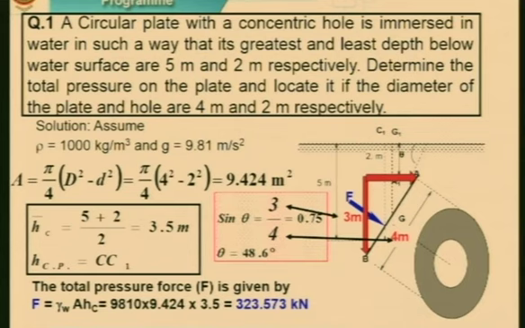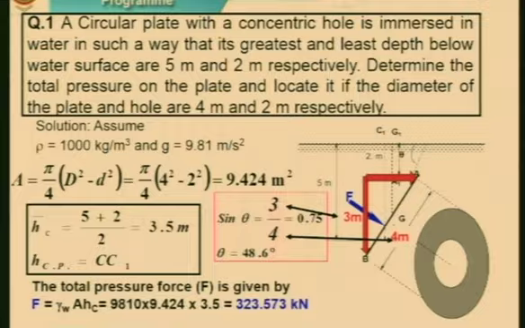So we know the centroid, we know the area. Now I can calculate the force. How can I calculate it? Come to the bottom blue part. F is equal to gamma W into A into HC. Gamma W of water is 9810, into area 9.424, use your calculator, into HC, which is 3.5.